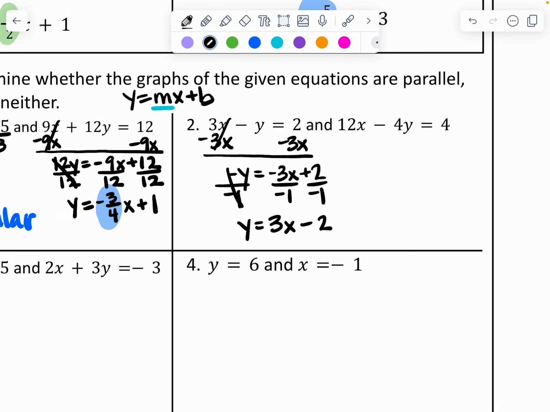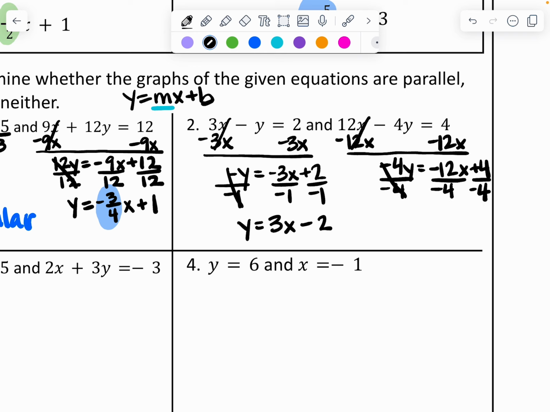12x minus 4y equals 4. I'll need to subtract 12x, and then divide by -4. I'm going a little quickly through these conversions because we did learn this in a previous set of notes.